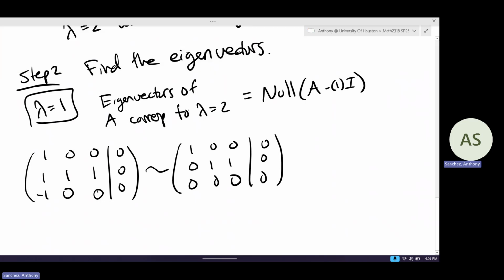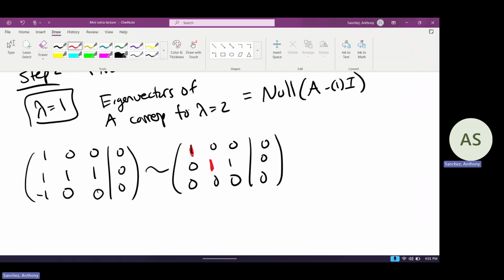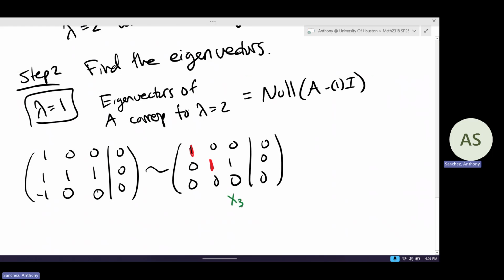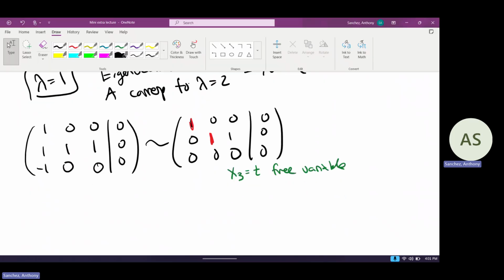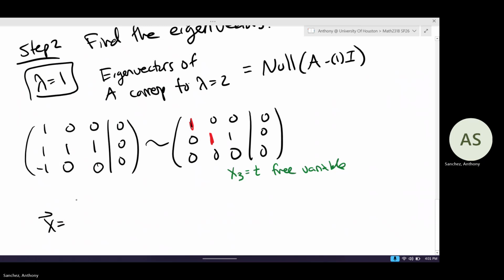And so I am in row echelon form. Here I have a pivot, here I have a pivot, which means everything that's not a pivot is automatically free. So x3 is a free variable. You have a name, so we give it a name. We call it t. Now I'm able to write the general solution x as x1, x2, x3.